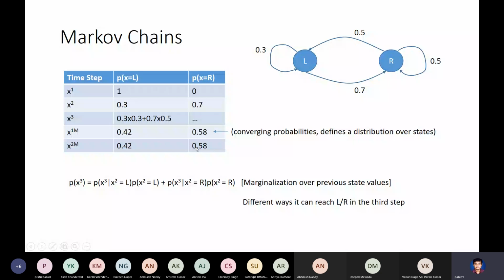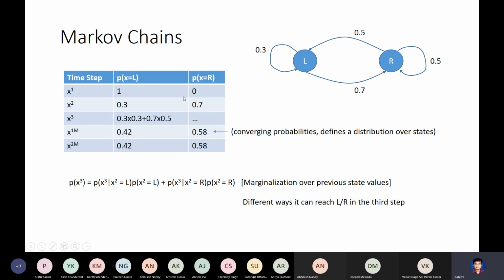Say for the x 1 millionth step these are the probabilities you have got, and for x 1 million plus 1 you do this marginalization: 0.42 into 0.3 plus 0.58 into 0.5. If you do this, you will get back 0.42 again, and you will get back 0.58 again. So you get back the same numbers, and this goes on forever.